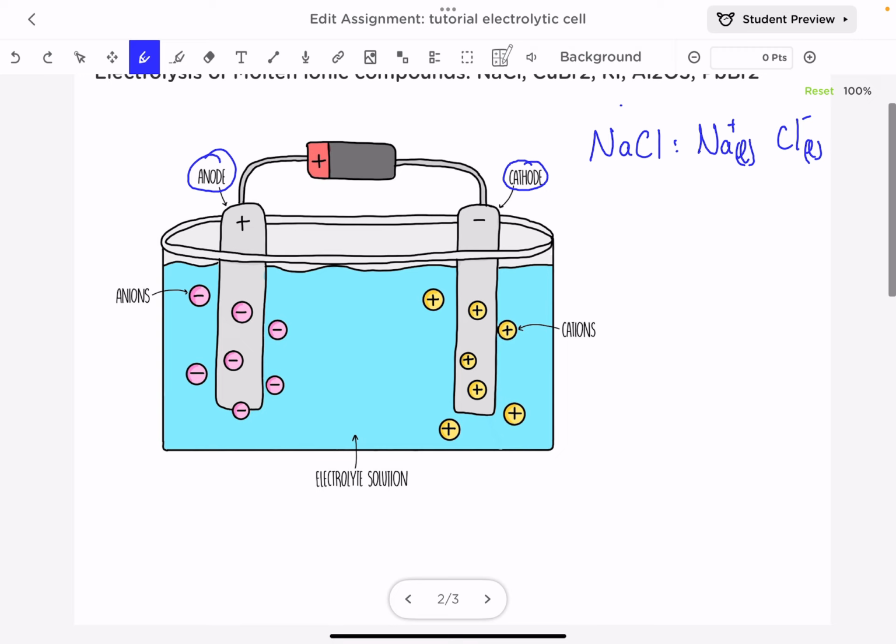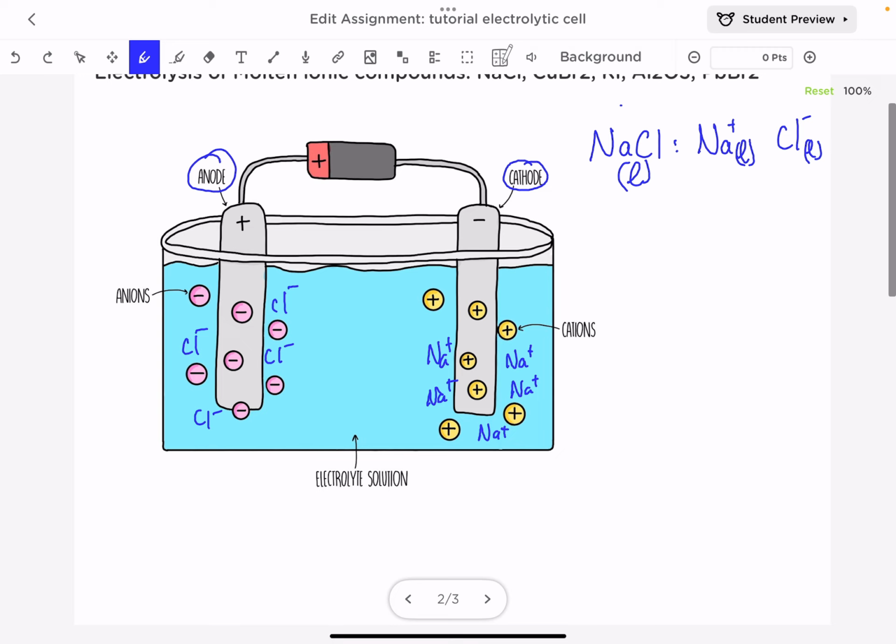So when molten NaCl is added to this electrolysis, the Na+ ions are going to be attracted toward the cathode, and the chloride ions will be attracted toward the anode. And the half reactions, oxidation and reduction, start happening.